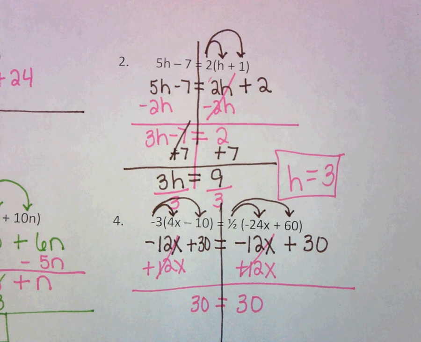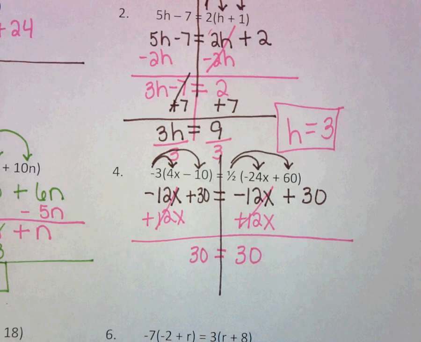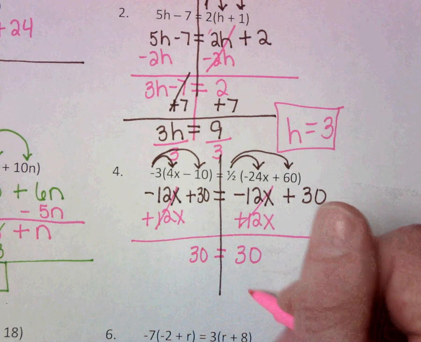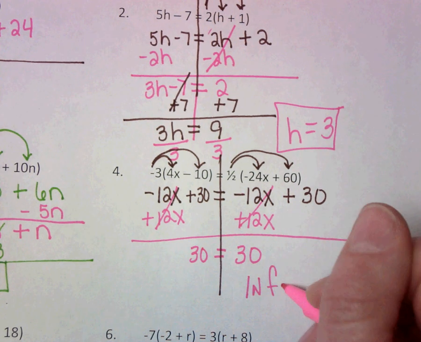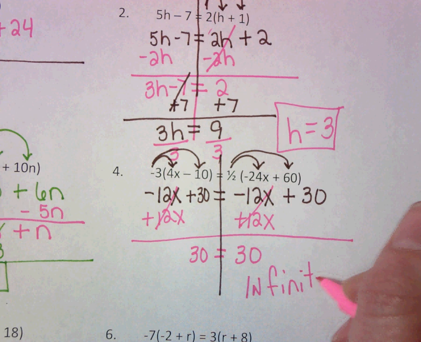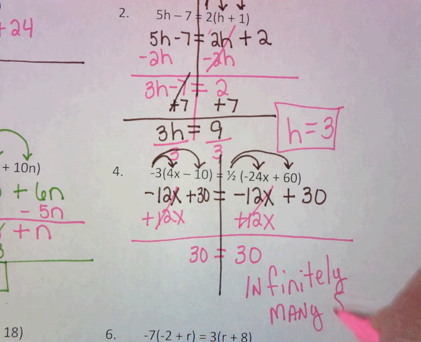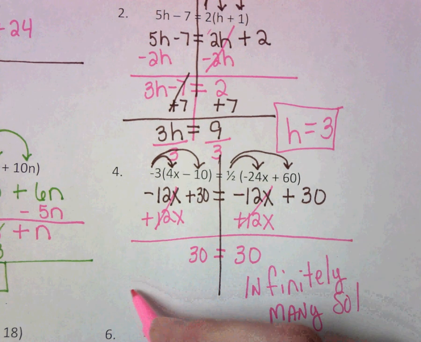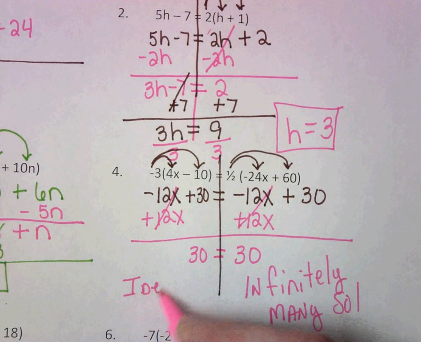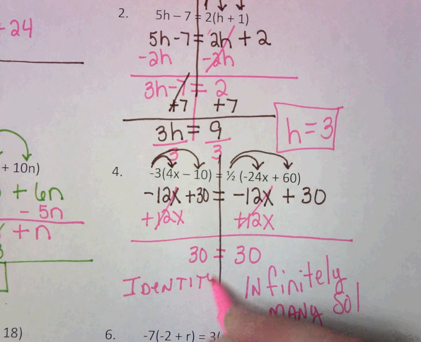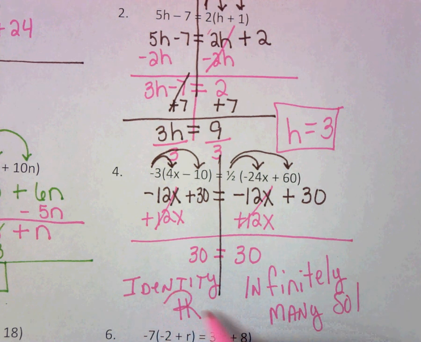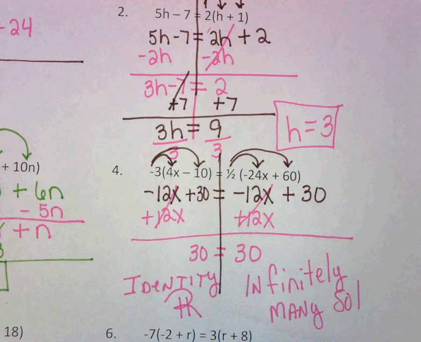Do you remember what that means? We're going to look at this again later, but this means that there are infinitely many solutions. Or another way to say that would be the identity, because it's exactly the same. You could also say all real numbers, and that's the symbol for doing all real numbers.